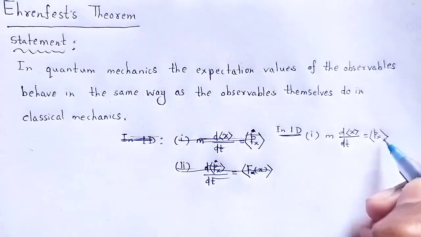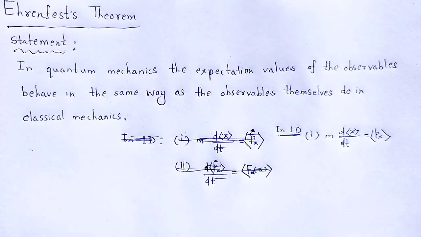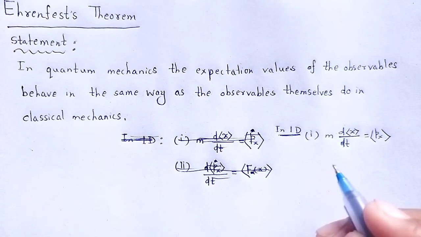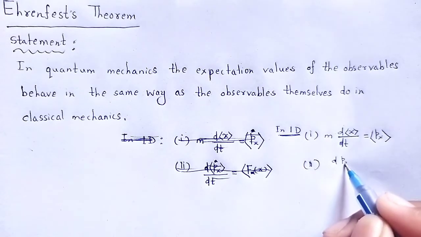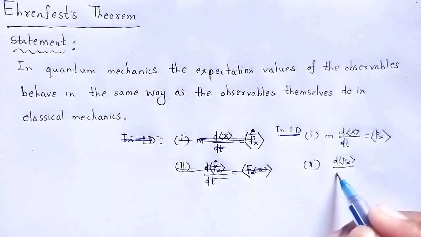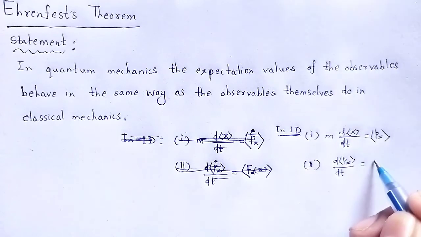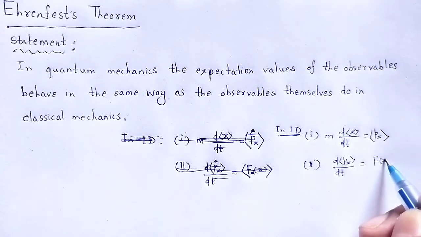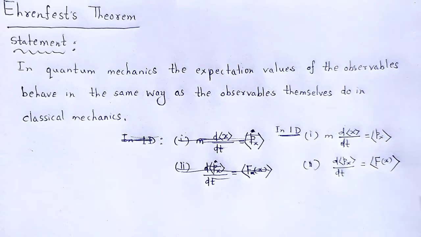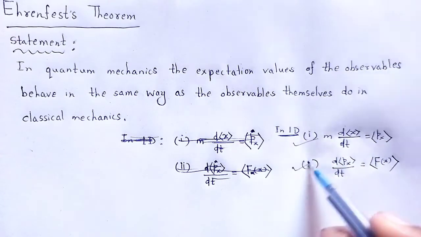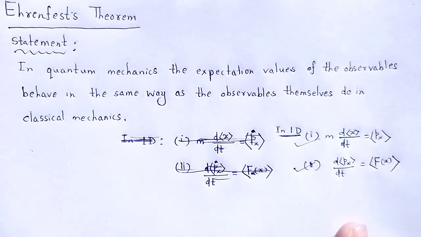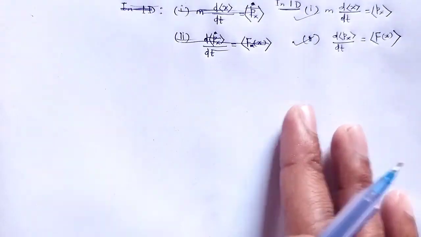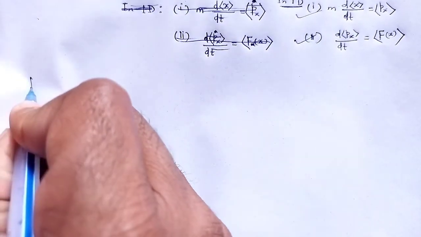We consider only one dimension, in the direction of the x axis. Second, d expectation of px by dt is the expectation of f of x. Let's prove these two equations by using Heisenberg's equation of motion or constant of motion in quantum mechanics. Let's do that proof.